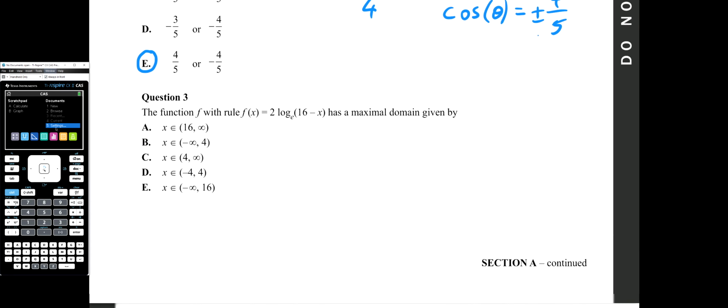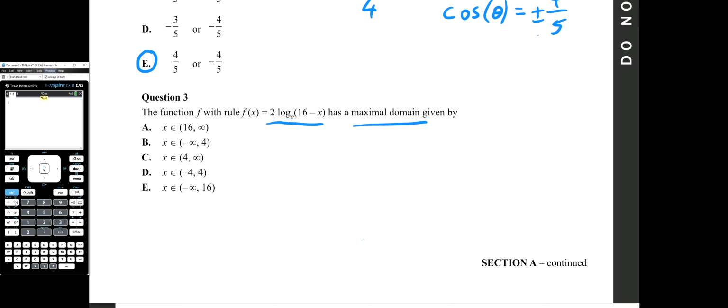Alright, moving on to question 3. We have a function f with rule f(x) equals 2 log e (16 minus x), and we want the maximal domain. This one can be done by hand, but you can also check it on the CAS. On a brand new calculator page, we are going to type in the command domain and open a bracket. Or you can even find domain in the catalog as well.